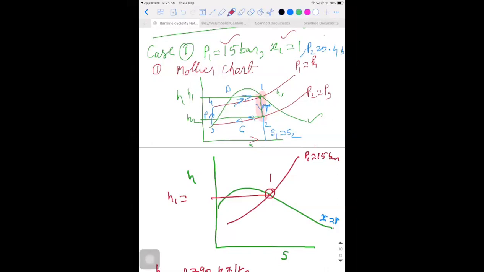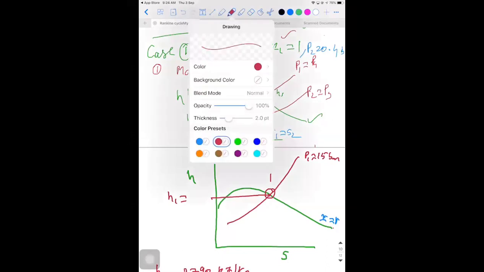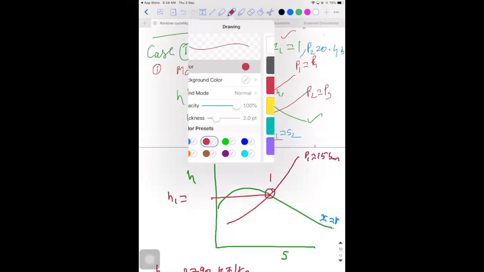For that, I'm going to show it with a different color. I will go with some yellow, or let us check whether I'm able to make it bright or not. I'm going to draw the isentropic line, which is a straight line.